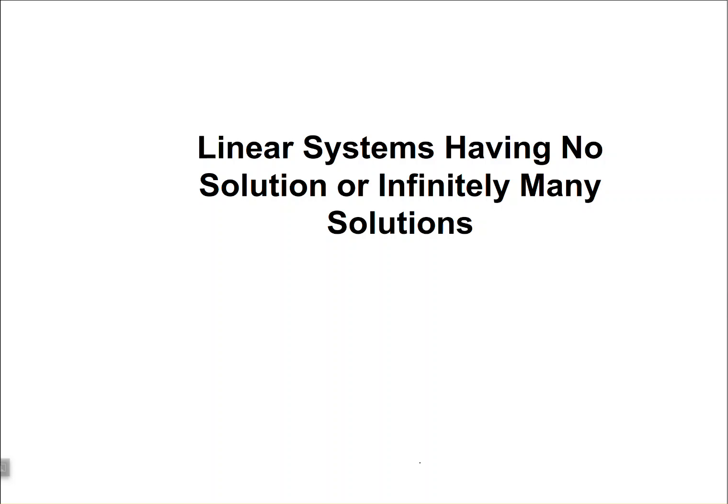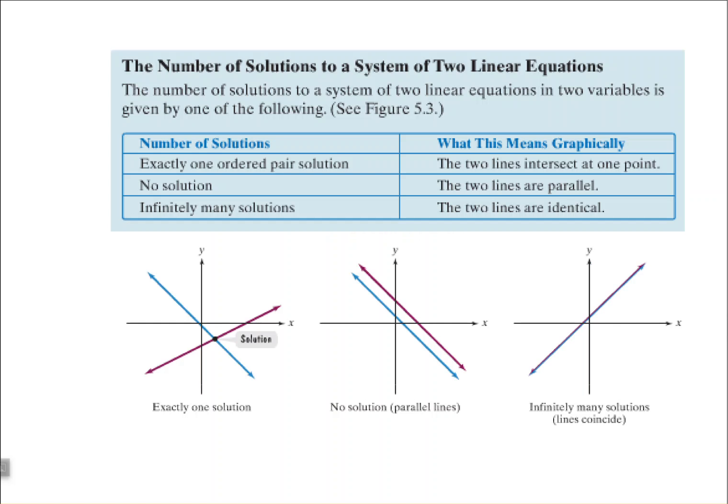Welcome back. In this video, we are going to look at linear systems that have no solutions or infinitely many solutions. All right, so we've already looked at systems that have exactly one solution. That's where those lines would intersect. Now, if the system has no solutions and we were to graph that system, then the lines would be parallel to each other and they would never touch or never intersect.